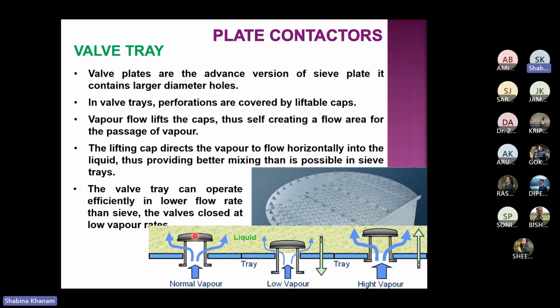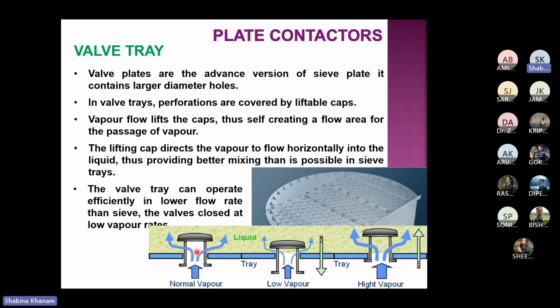These caps simply stay over here, and as the vapor moves upward, vapor coming from these holes lifts the cap upward, and it creates the flow area which is available for vapor to move.